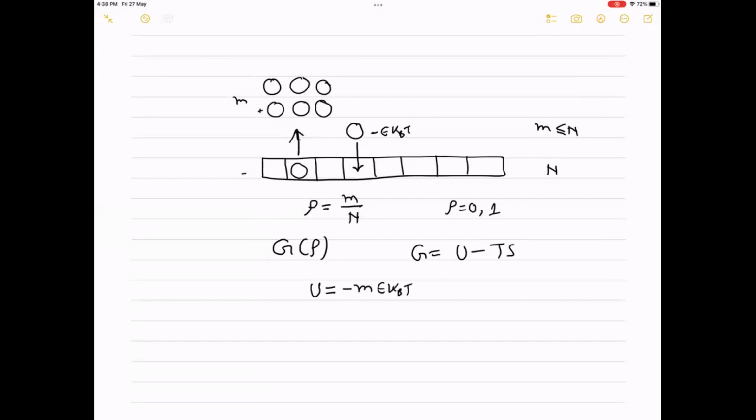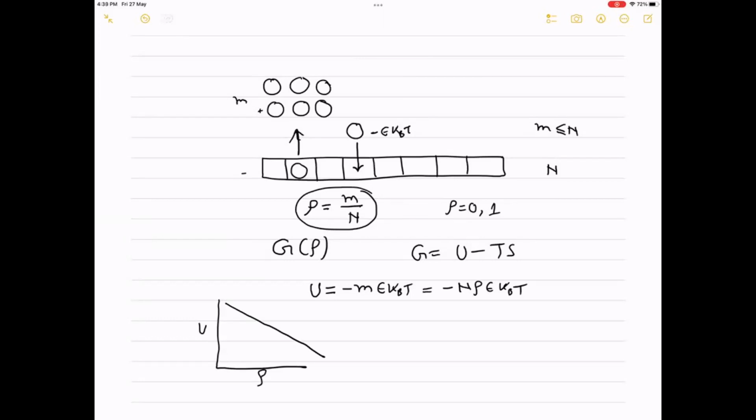And using this relation, we can write down that this will be equal to minus N rho epsilon kBT, right? And if you look at the dependence of U on the rho, you see that as the rho increases, the energy will monotonically decrease, right?